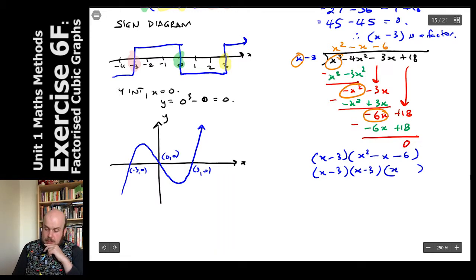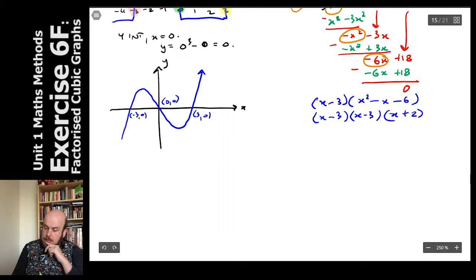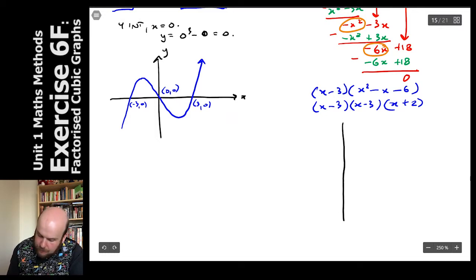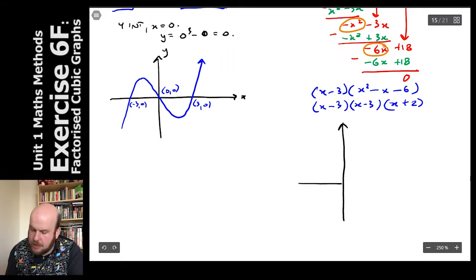Well, it's going to be negative 3 and positive 2. Oh, 2 would have worked. Well, there you go. Yeah, that would have worked. All right. Should have had faith in myself. Should have given negative 2 a go.